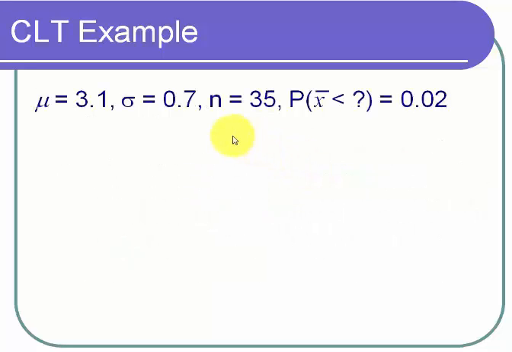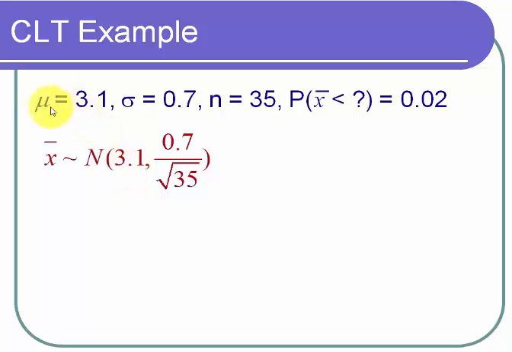So in particular, we can say that x bar is, by fact, approximately normal. The mean will be 3.1 because that was the mean of the population. And the standard deviation will be 0.7 divided by the square root of 35.